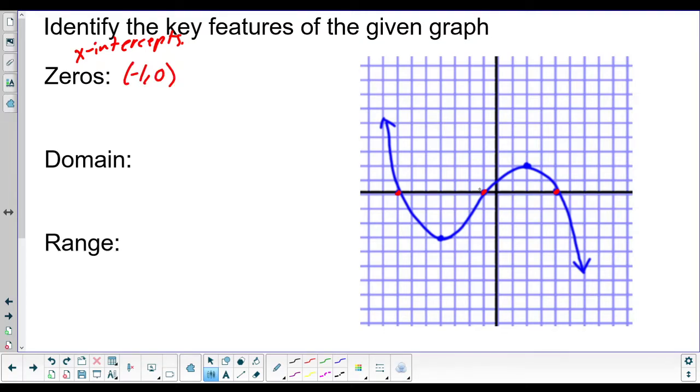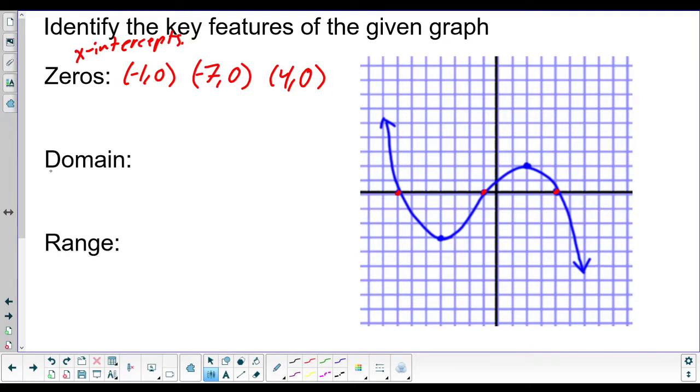We have -7, 0. And then we have 4, 0. Okay. So there's our 3 zeros, the 3 places it touches the x-axis.